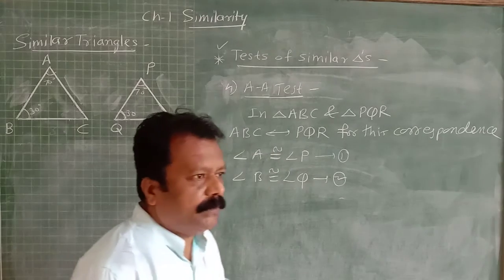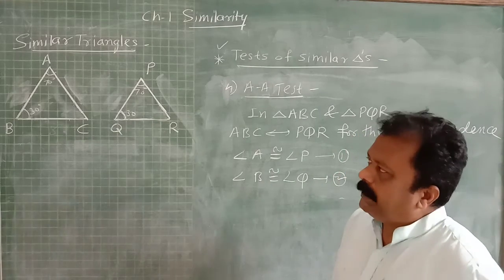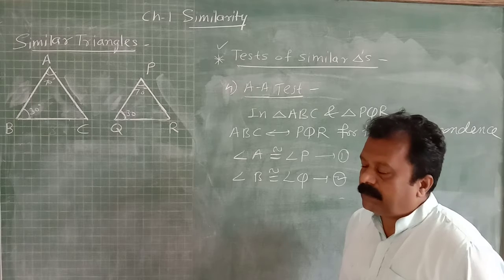What is the statement of the AA test for similar triangles?